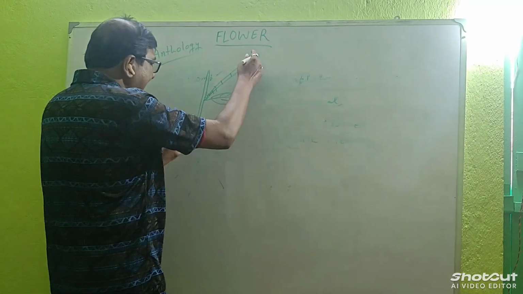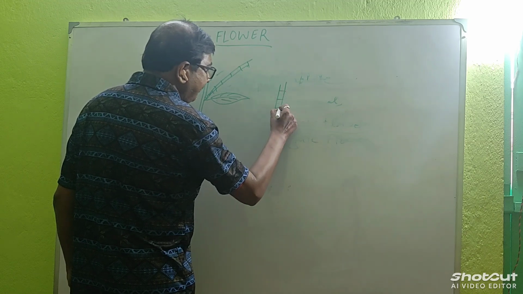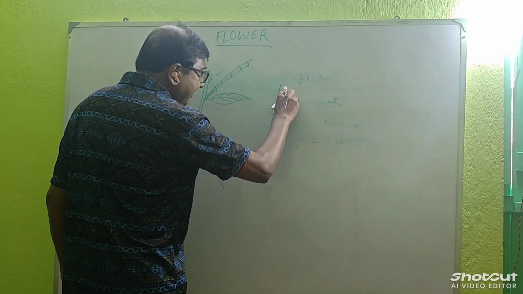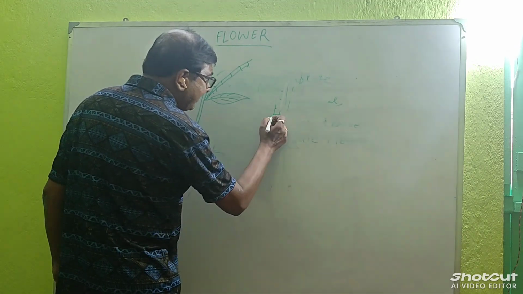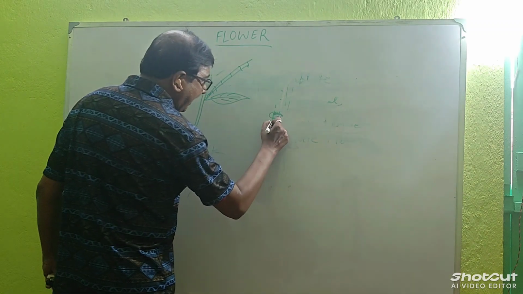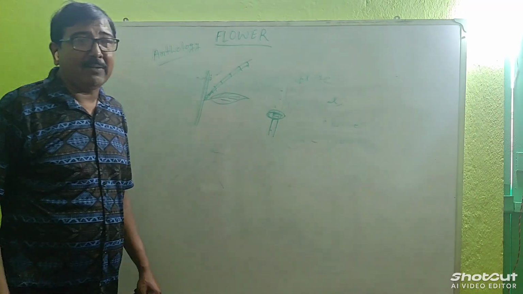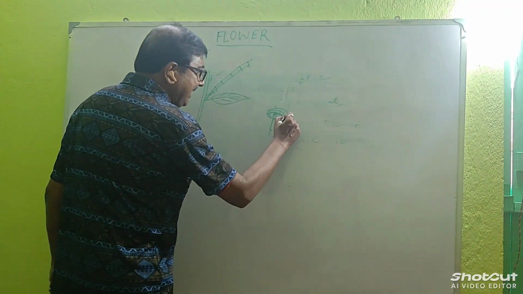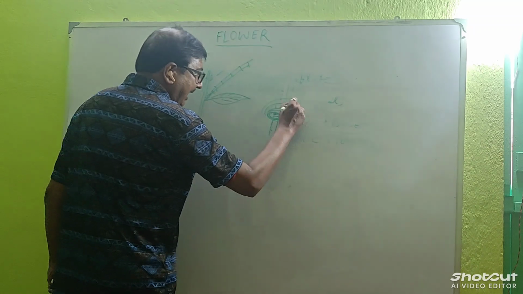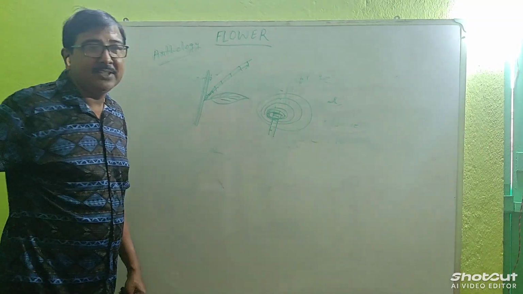All the nodes condense and a structure like this forms. This part is called the pedicel, and this part is the parts of the flower: calyx, corolla, androecium and gynoecium. So this is the modified shoot.